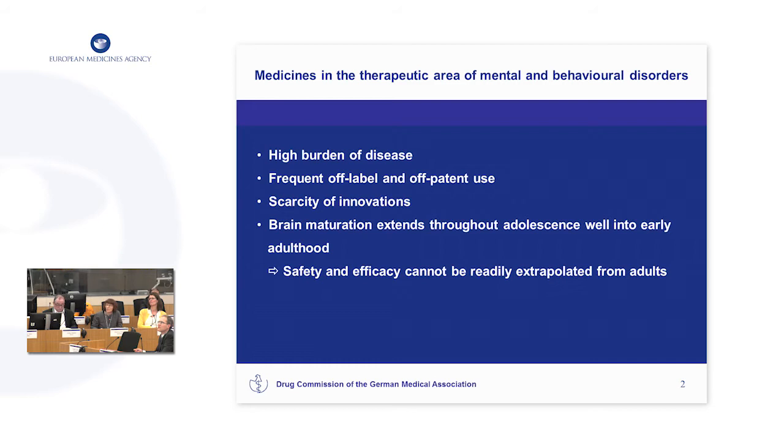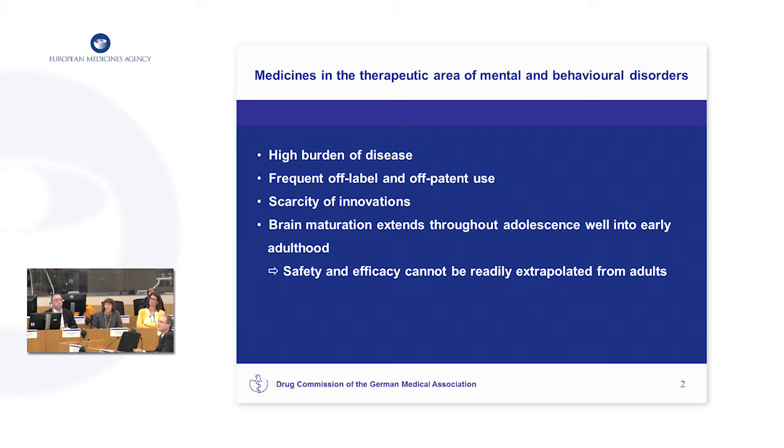Adolescence is known as a period of heightened neuroplasticity, and we know that there are developmental changes in the receptor density, in the expression of receptors, in the neurotransmitter content, and this is all not so well understood.